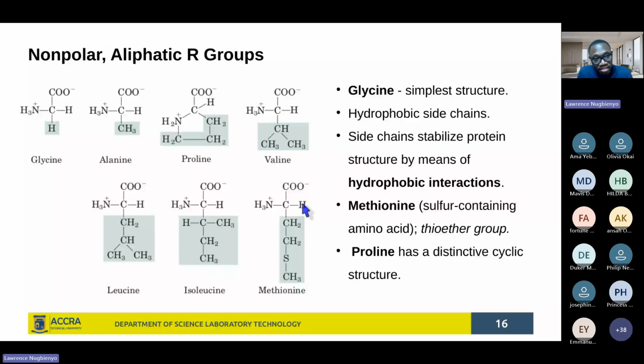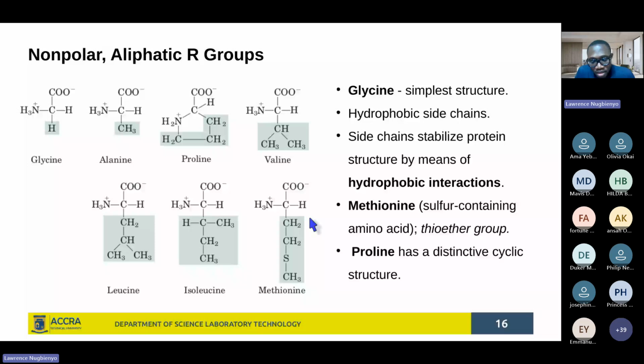But in large protein molecules, these non-polar side chains contribute to the regulation of solubility of the protein in the aqueous system because they are hydrophobic.